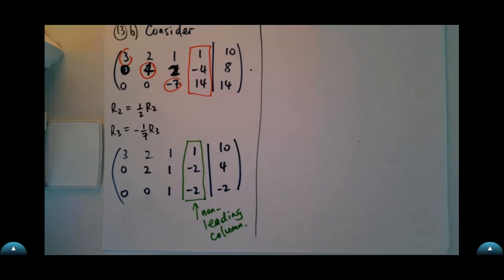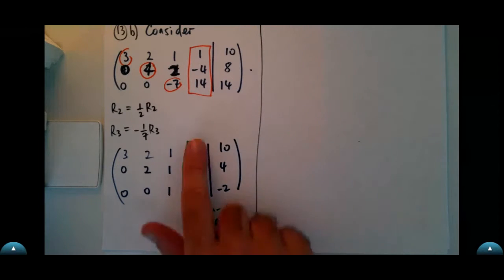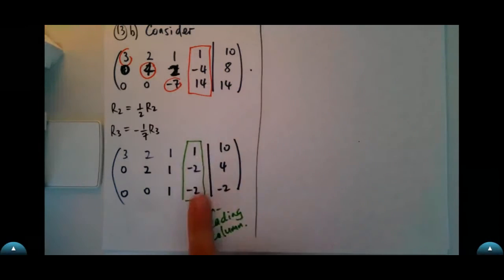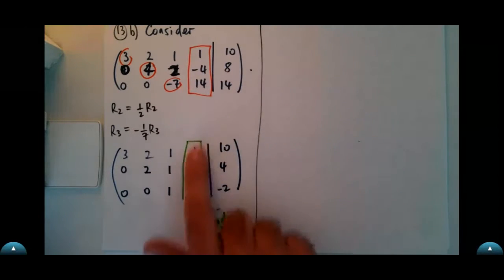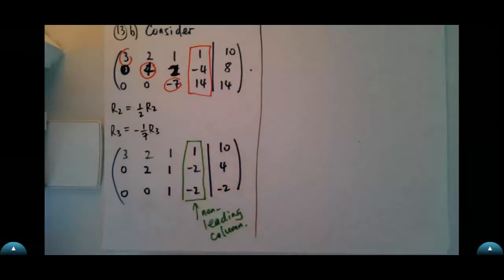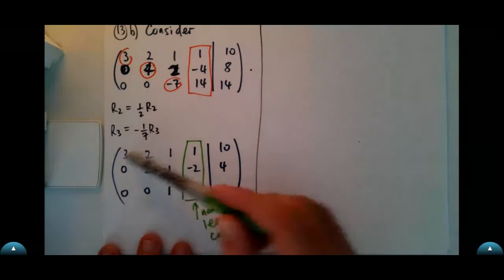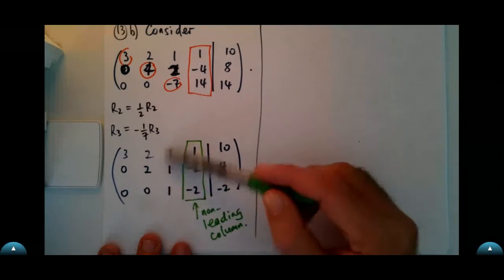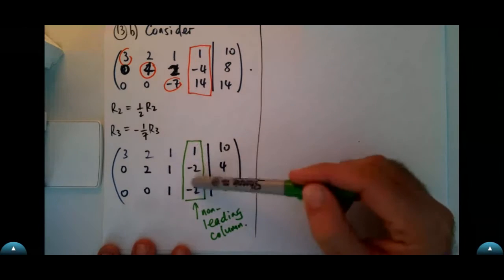Okay, so I'm going to introduce a parameter to be this column's variable, right? So this is the x1 column, this is the x2 column, x3 column, x4 column.